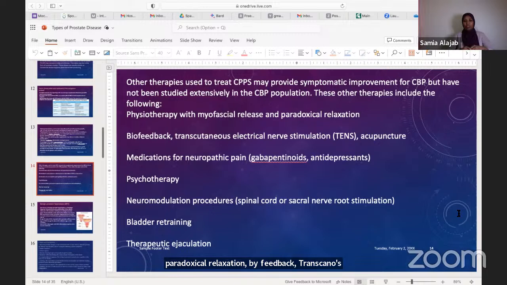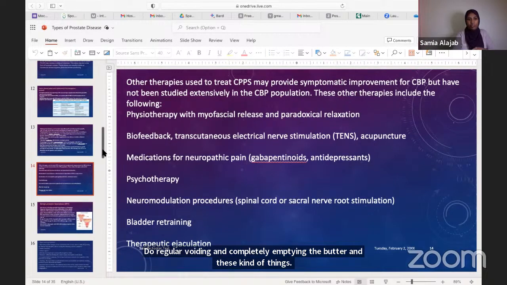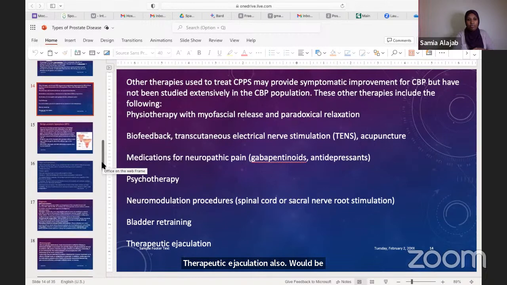For neuropathic pain we can use gabapentin, gabapentinoids, antidepressants, and psychotherapy would also work. Neuromodulation procedures: we can even do spinal cord or sacral nerve root stimulation, and definitely bladder training. You can teach the patient regular voiding and completely emptying the bladder. Therapeutic ejaculation would also be helpful in chronic pelvic pain syndrome.